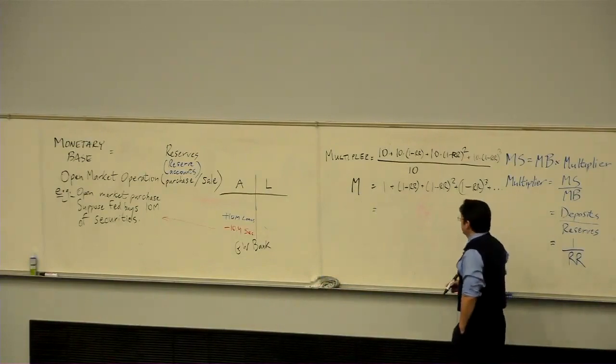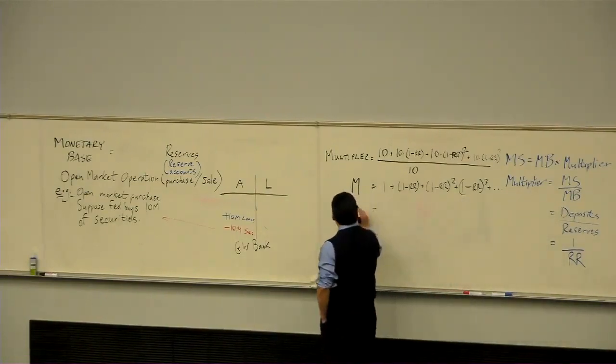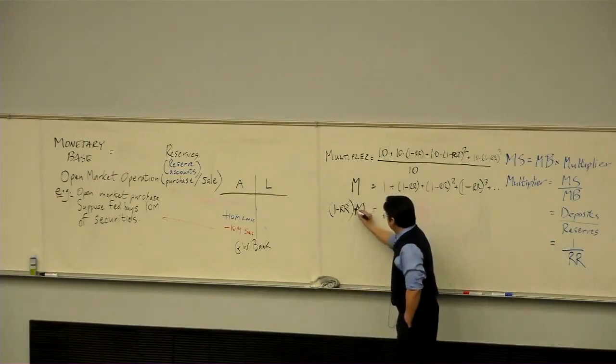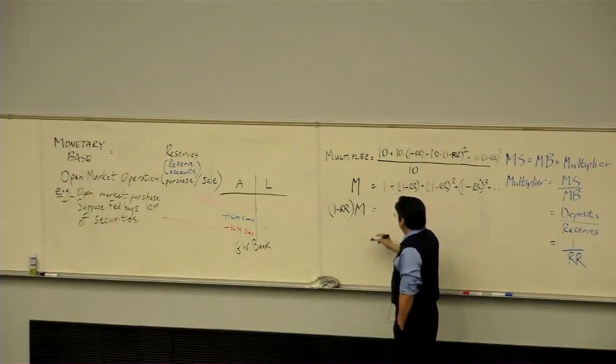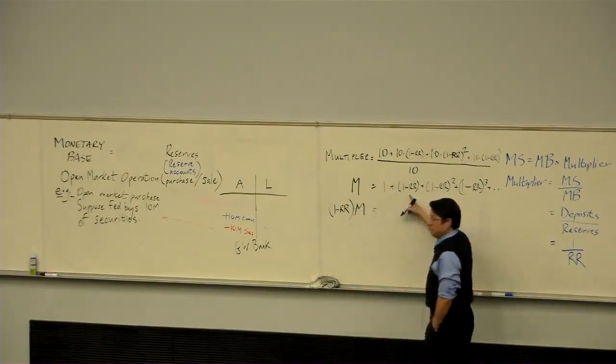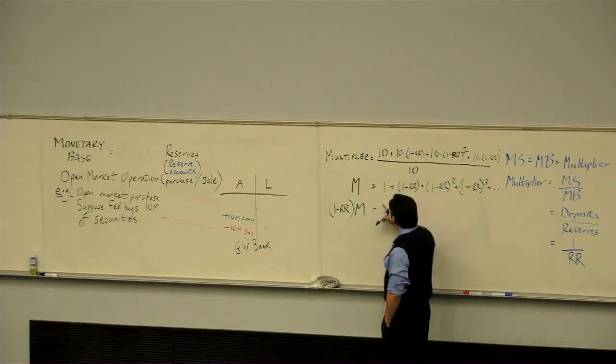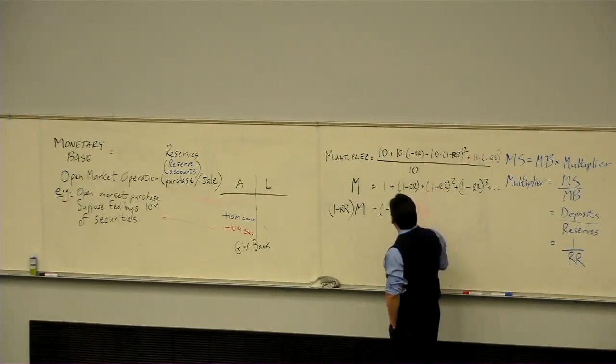Well, there's a little trick. I'm going to write here the infinite sum m times 1 minus the reserve ratio. To get this, I just need to multiply each of these terms by that, right? So what's 1 times 1 minus the reserve ratio? It's 1 minus the reserve ratio.